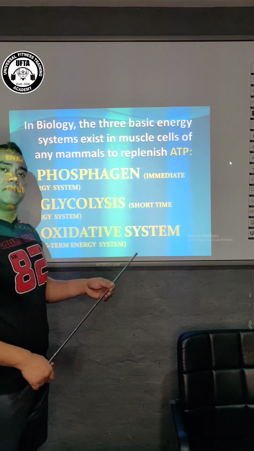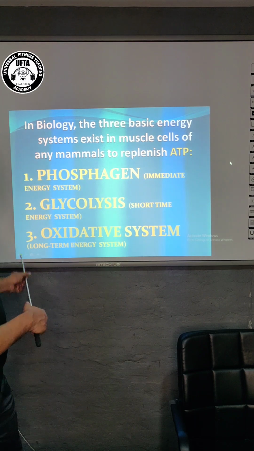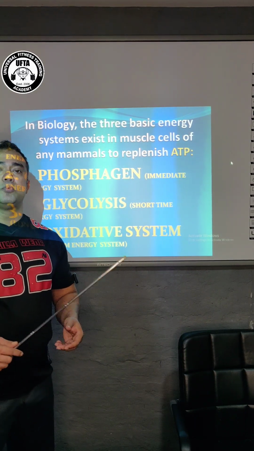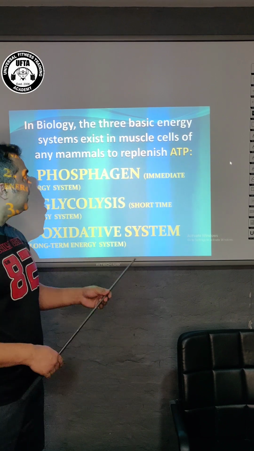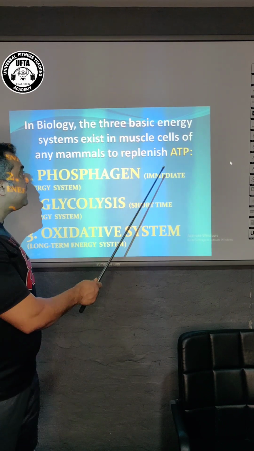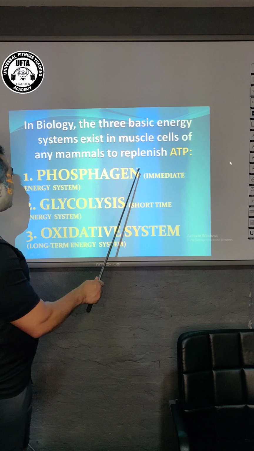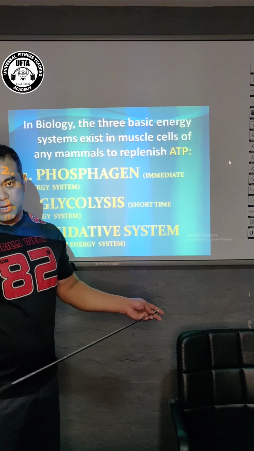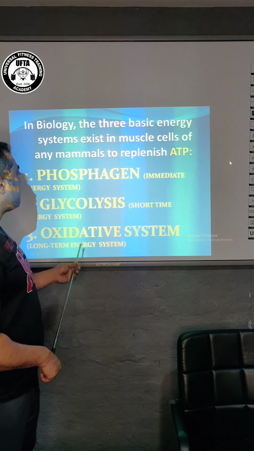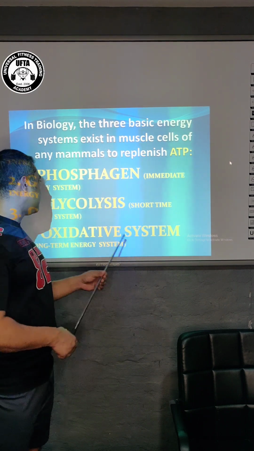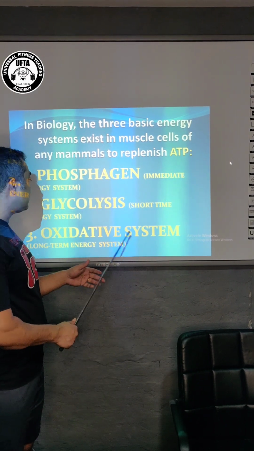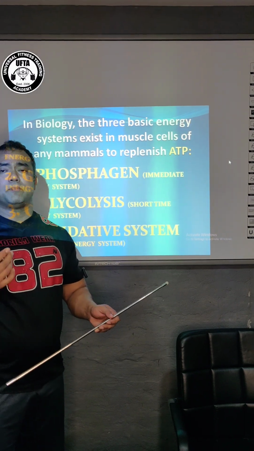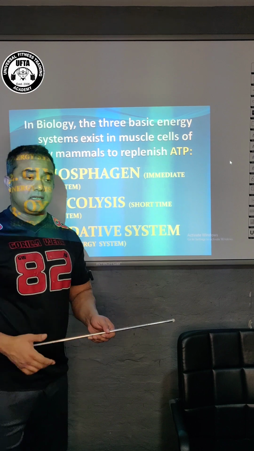And the oxidative system is also called the aerobic energy system, where we need oxygen in order to produce ATP in our body. So finally, the main thing is that ATP has to be produced either this way or the other way. ATP is the only energy producing molecule in our body. Sometimes the body uses the phosphagen system, sometimes the glycolysis system, or the oxidative system, depending on intensity and the type of work or physical activity you are doing.